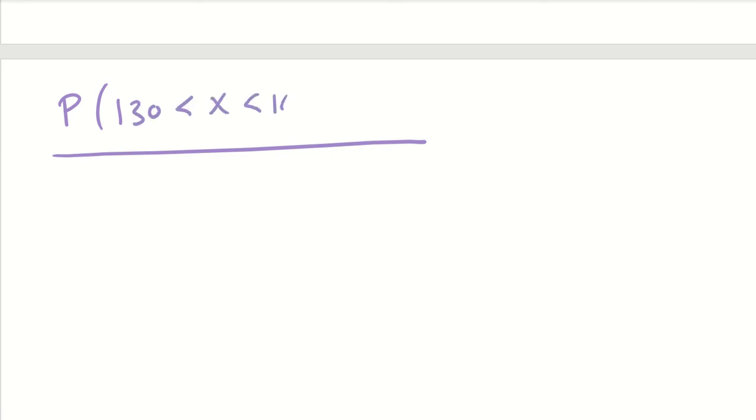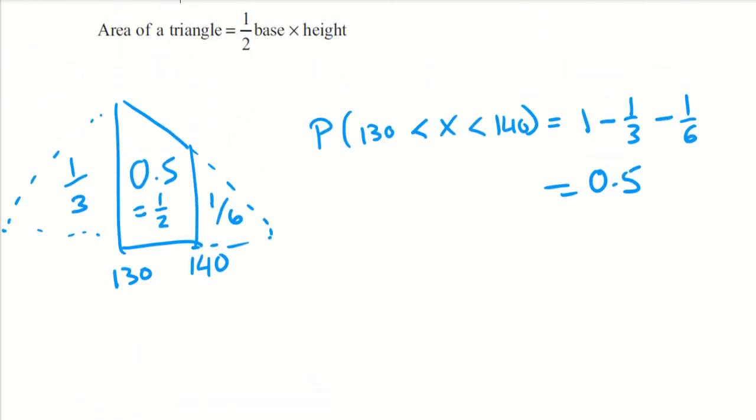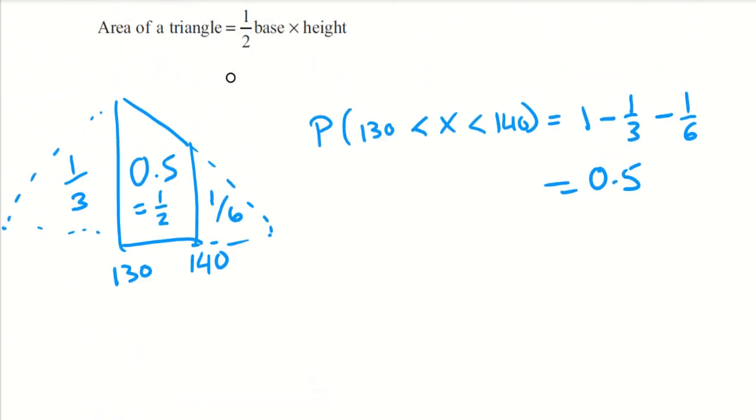And so we want the probability of, and it was the probability of being between 130 and 140 divided by the probability of being below 140. So the chance of being between 130 and 140, we found that. That's this value of 0.5.